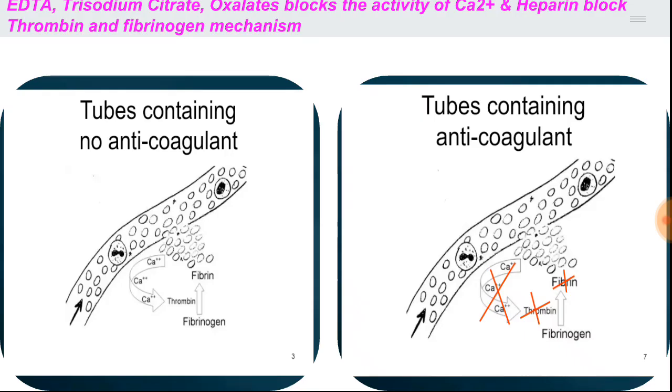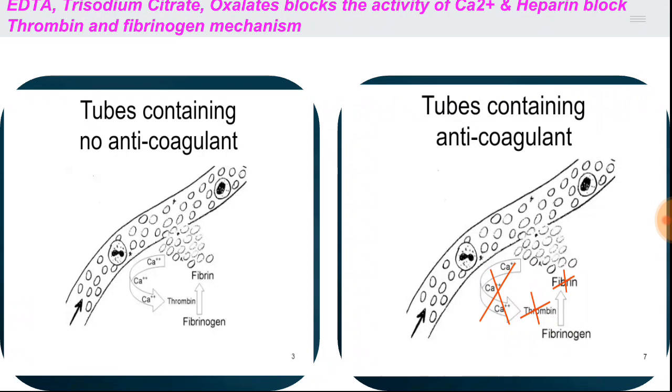Next, in this left side picture, those tubes do not contain an anticoagulant. Thus, the coagulating factors easily coagulate the blood, and coagulation is not hampered. But on the right side, there is an anticoagulant present in the tube.